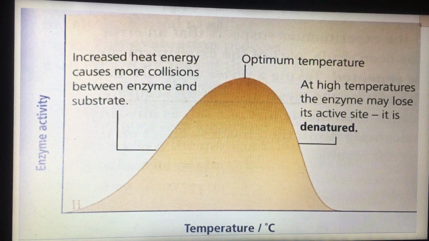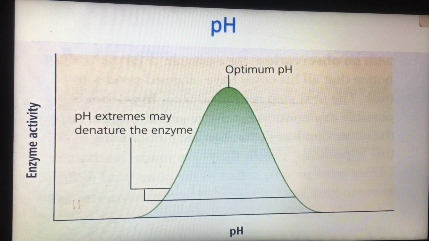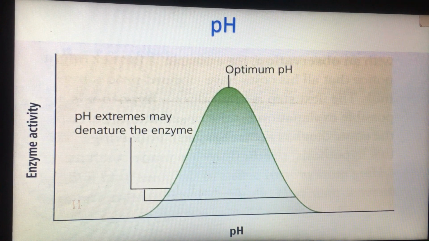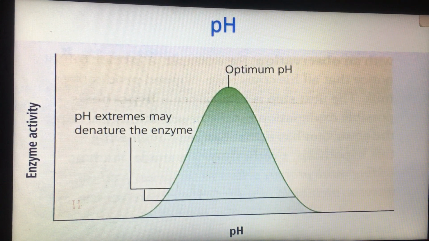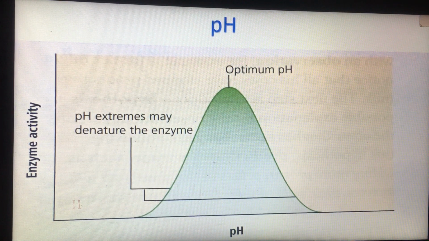Now, if you remember from chemistry, pH is a measure of acidity. So changing the acid or base conditions around the enzyme molecule changes the three-dimensional shape and can denature the enzyme.